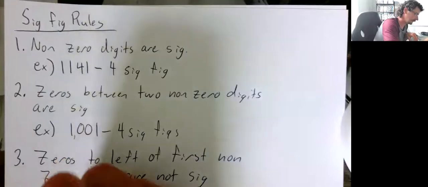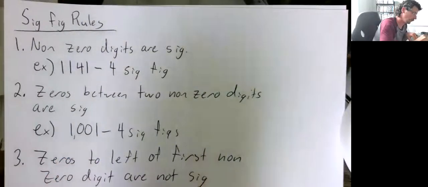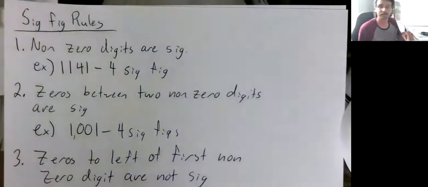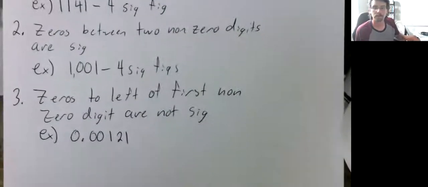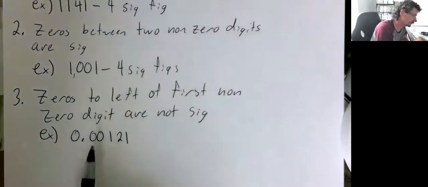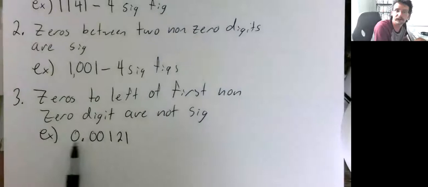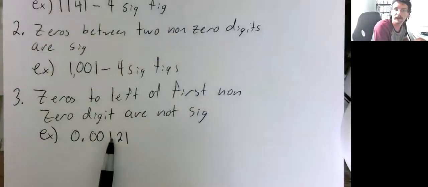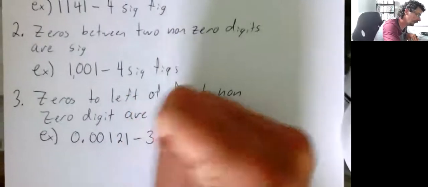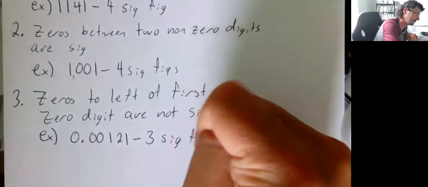So as an example, let's say we have 0.00121. If we consider the number of significant digits, these zeros are not considered significant, whereas these digits on the end are. So this number has 3 sig figs.